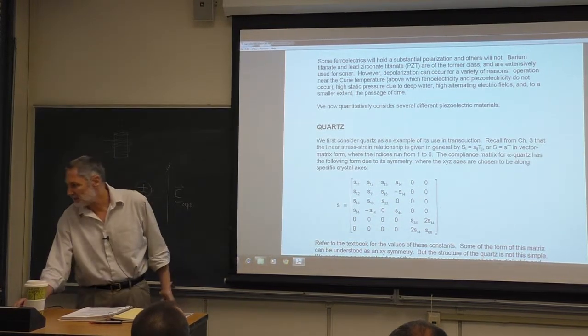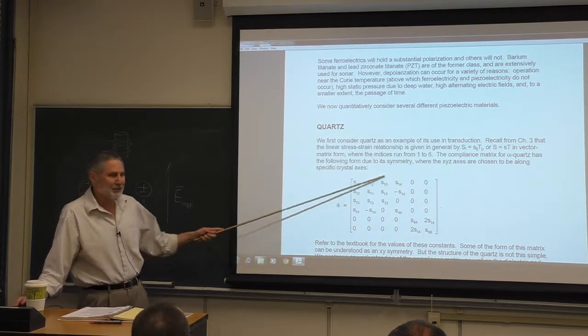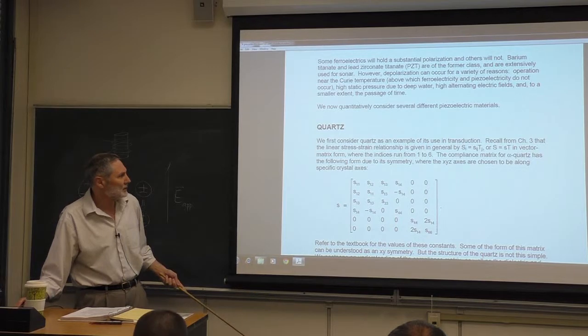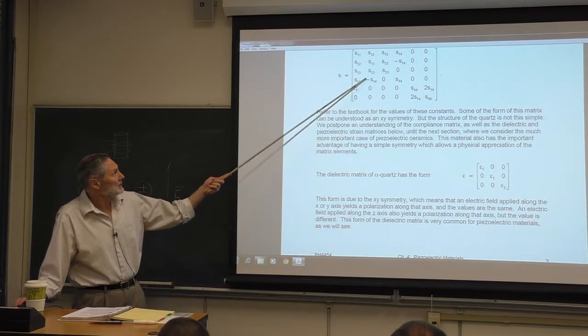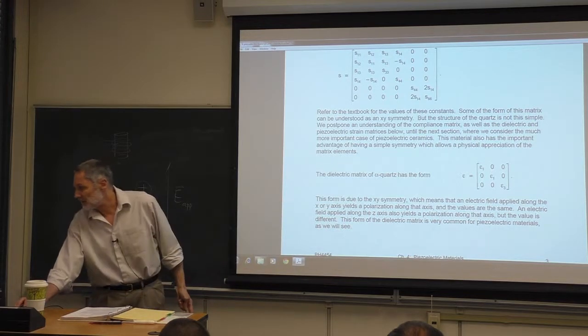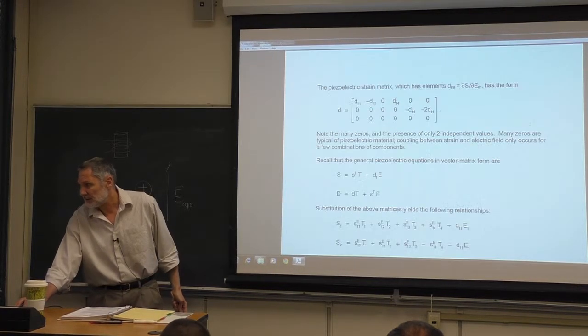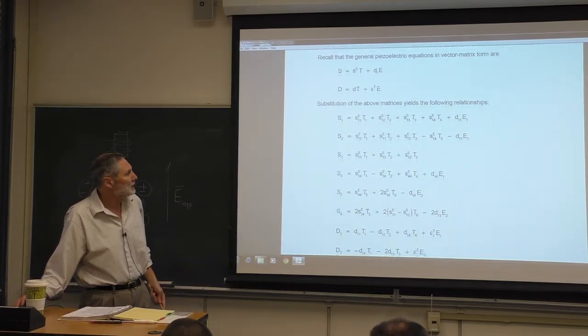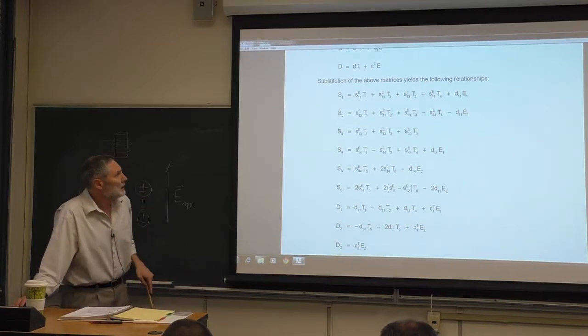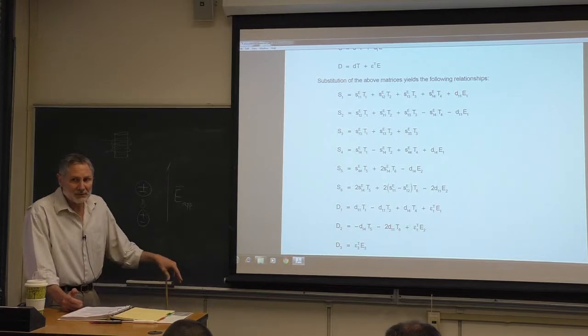That looks nice, it's just there's a lot going on here. These zeros help, and there are a lot of zeros in the piezoelectric strain matrix, but we still have this mess here. And it's not what we would call manageable, okay?